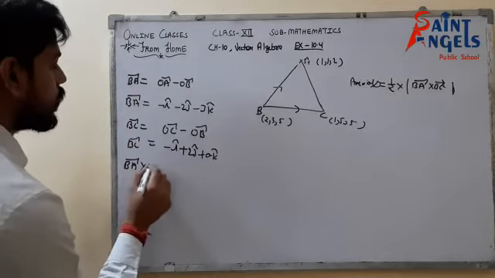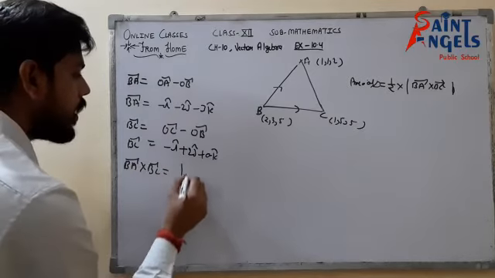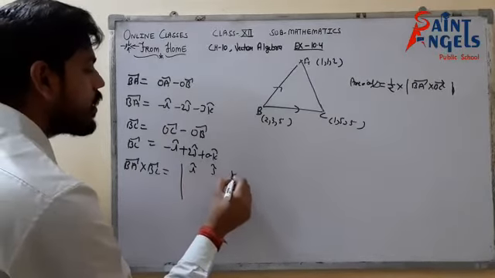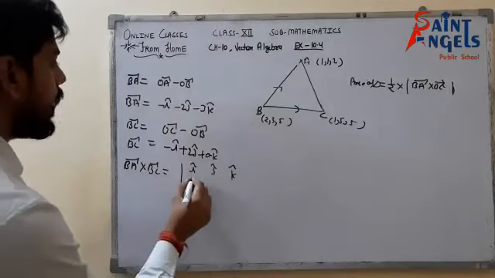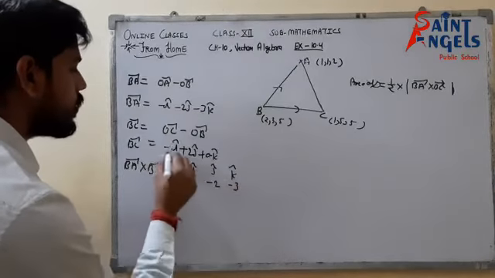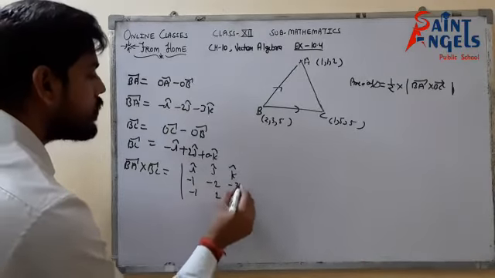Okay. So now I have to find BA vector cross BC vector. So that would be i, j, k; minus 1, minus 2, minus 3; minus 1, 2 and 0.